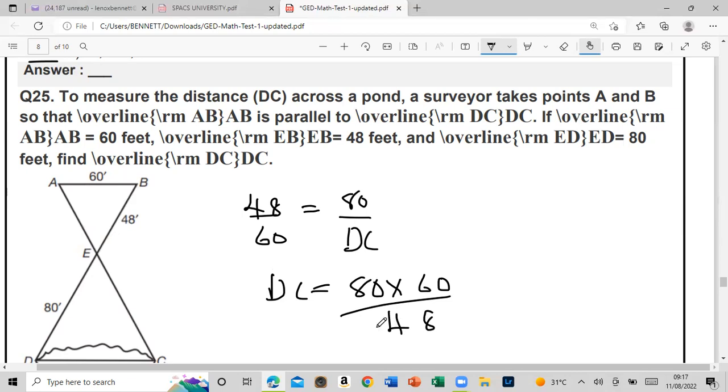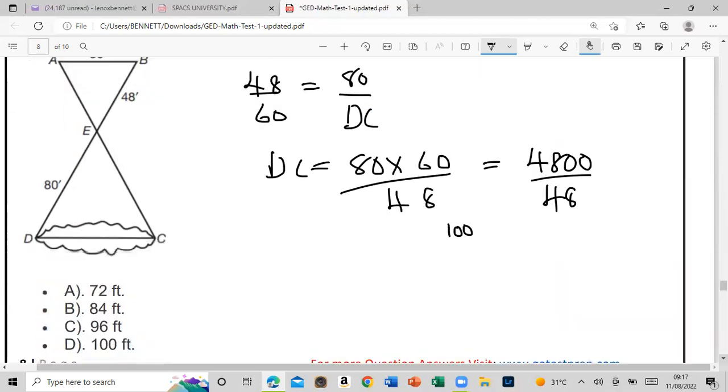So 8 can go in on this. No, wait. 60, 48, yeah. And then divide by 48. That's easy. That's 100. It's proportional, right? So we just put this over this and this over this. Transpose, right? So it should be 100.